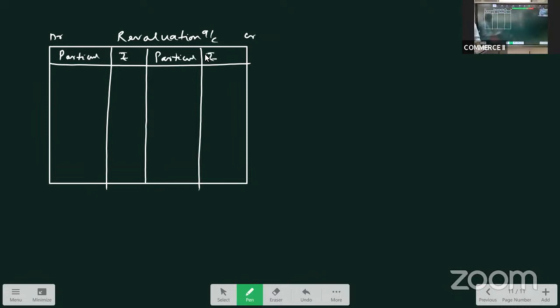Value of the building is appreciated by 10,000. So we'll take 10,000 on the credit side.